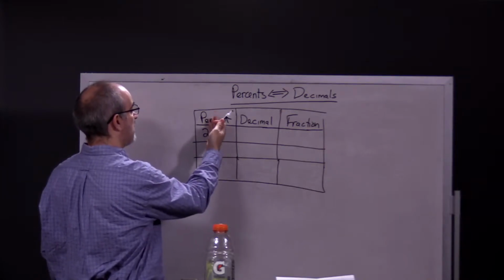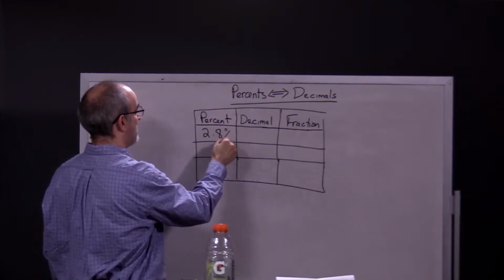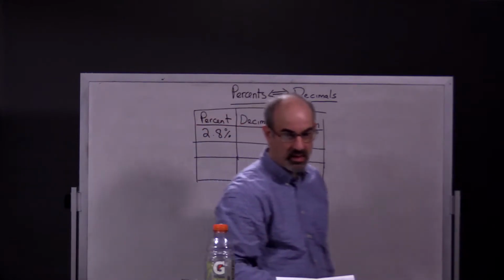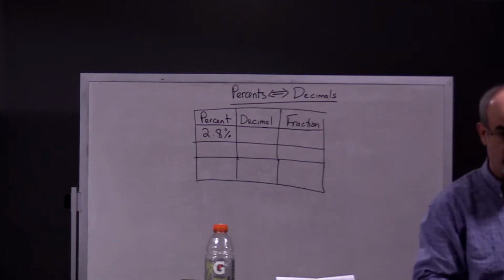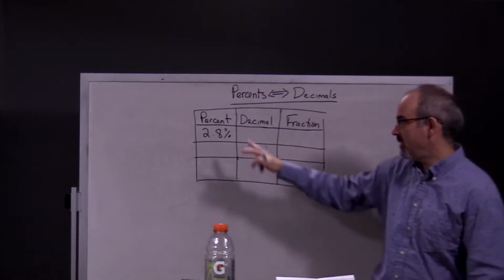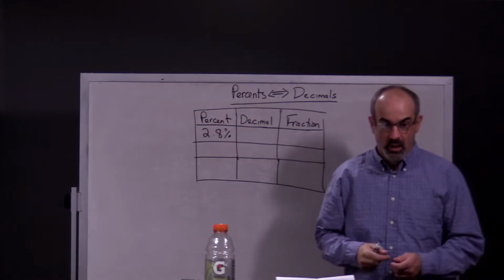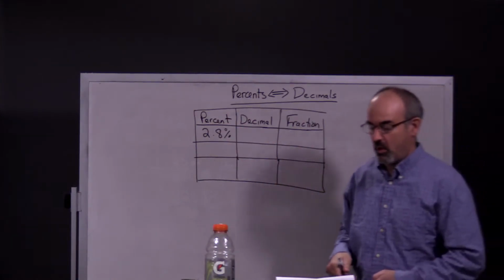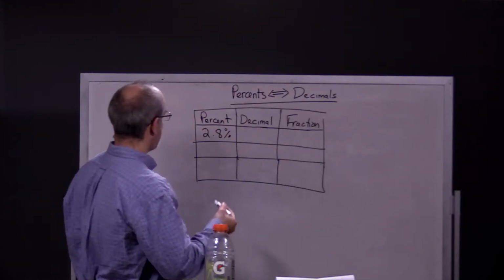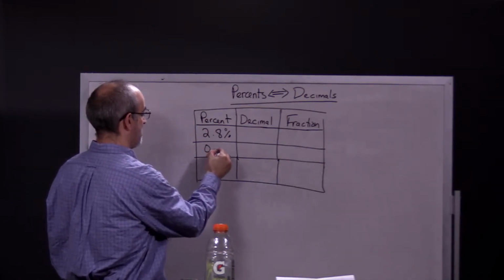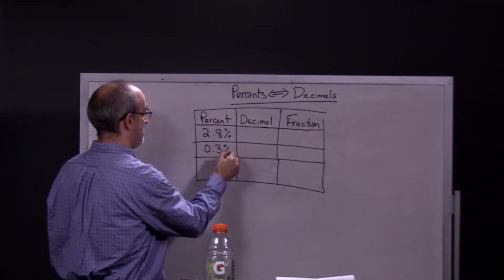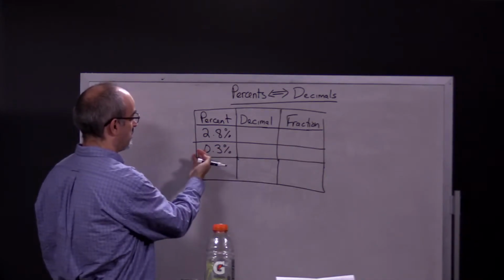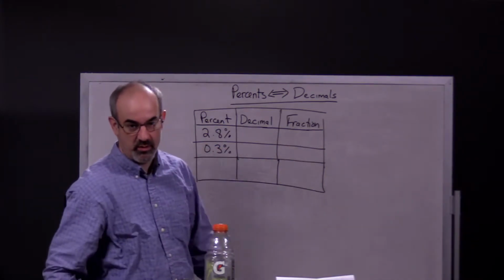Even though this column's listed percent, I'm going to write the percent sign there. Even if it wasn't there, you'd still know that it meant 2.8% because it says percent up here. But I want to write it the way you would normally see it. Let's do one that just has nothing in front of the decimal, 0.